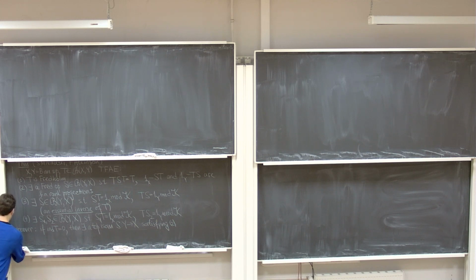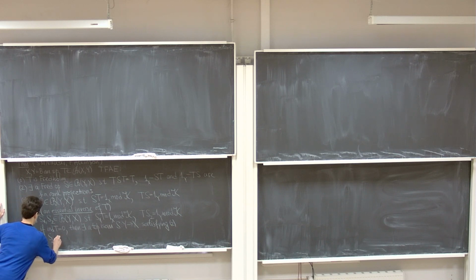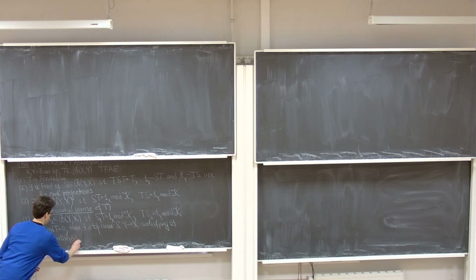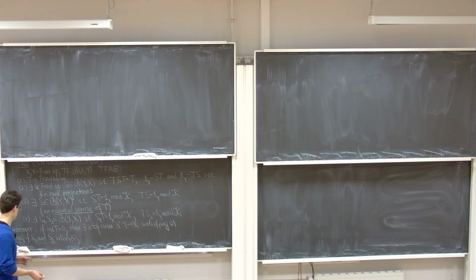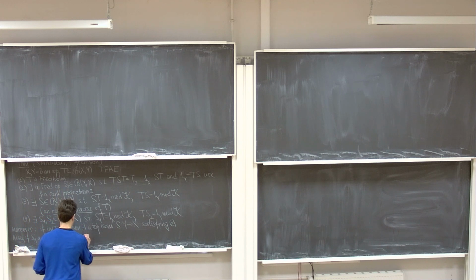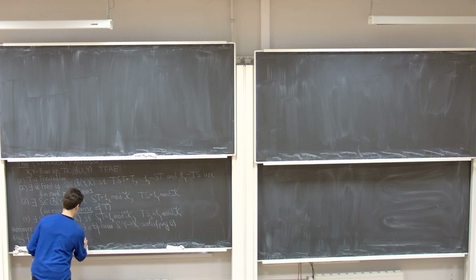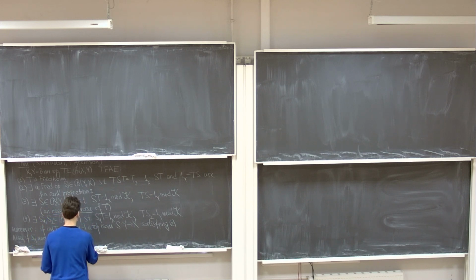Also, if the operators S1 and S2 satisfy condition 4, then they are essentially the same in the sense that their difference is a compact operator. Then S1 minus S2 is compact.